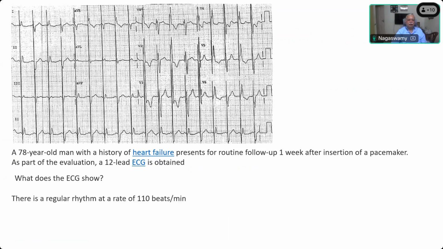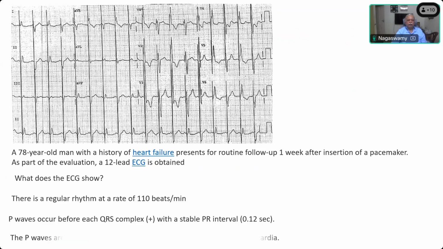There is a regular rhythm at the rate of 110 beats per minute. P waves occur before the QRS complex. The stable PR interval. The P waves are positive in 1 and 2, AVF, V4 and V6. So this is a sinus tachycardia.